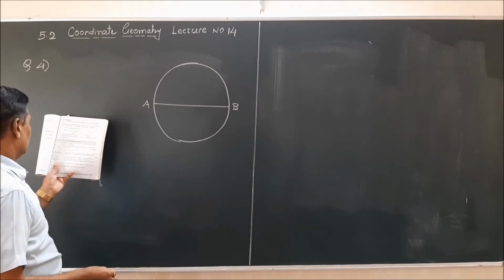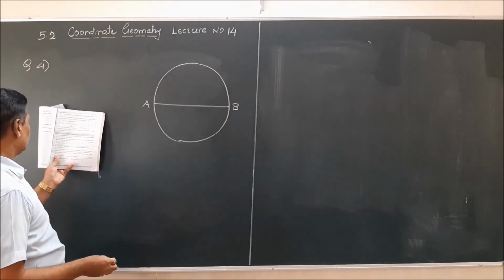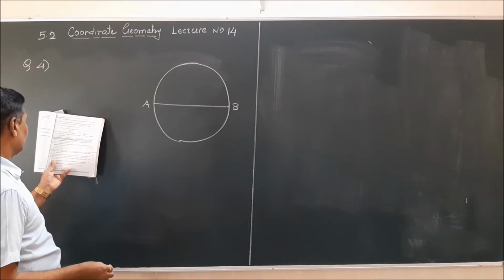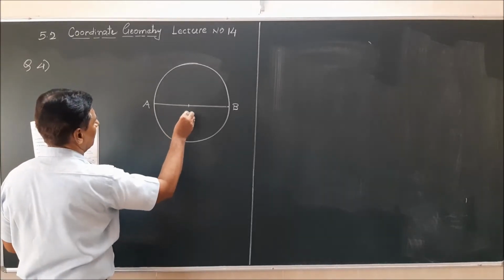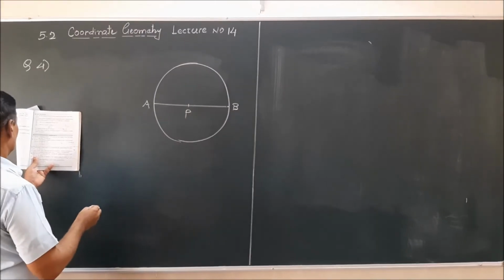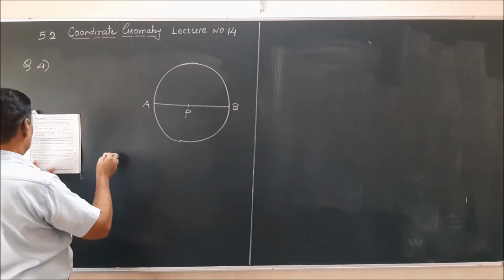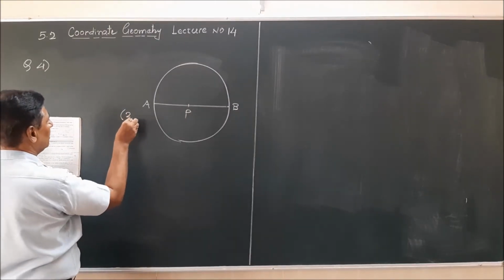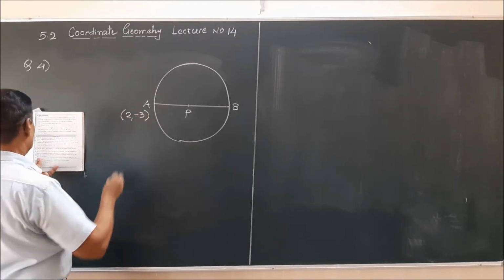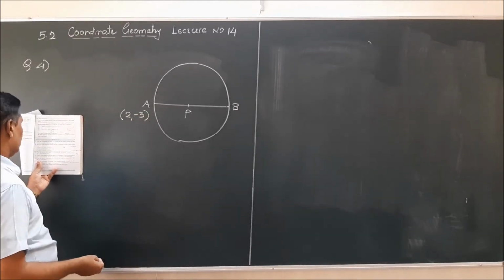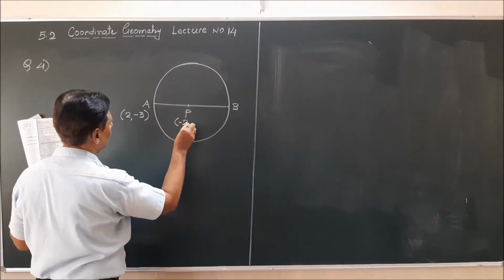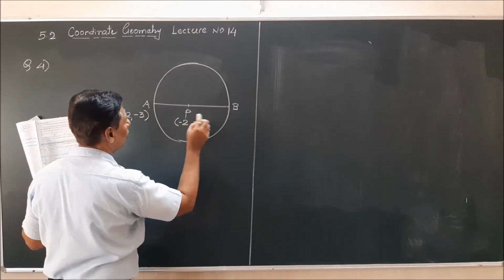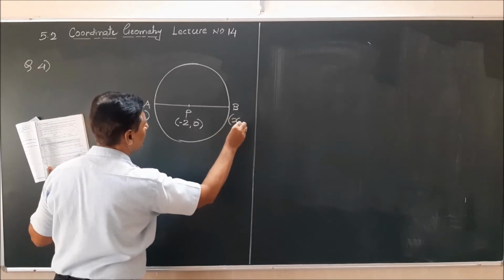And find the coordinates of the point B if coordinates of A and P are. Okay. Coordinates of A are 2, -3. Fine. Coordinates of P are -2, 0.